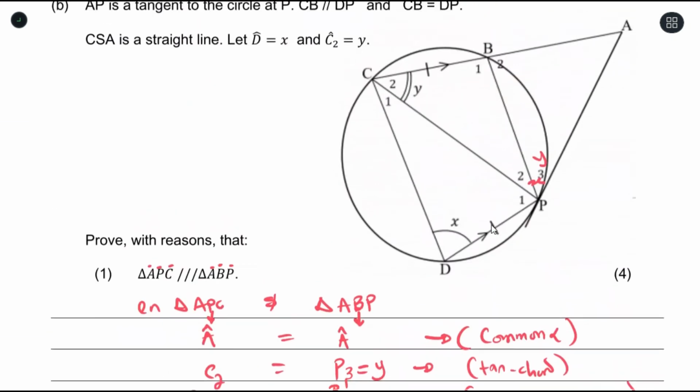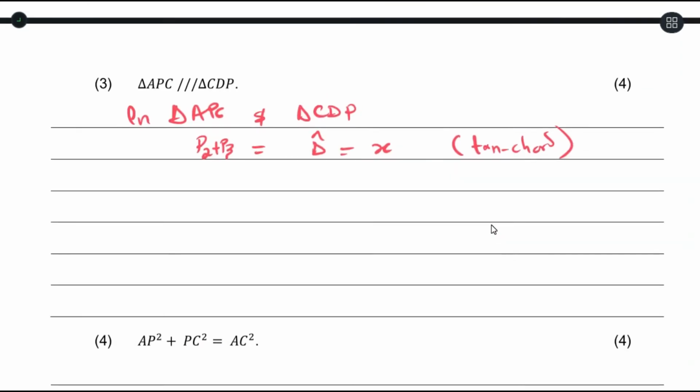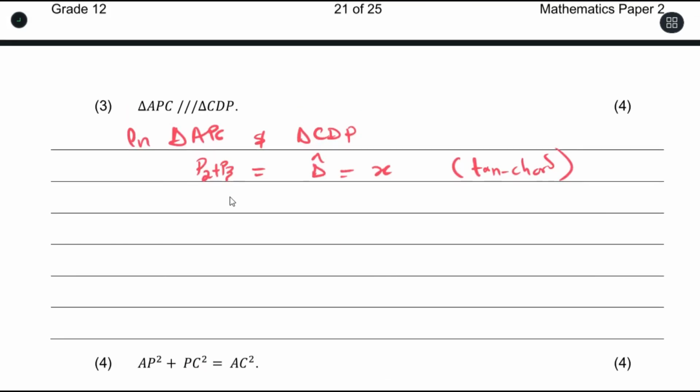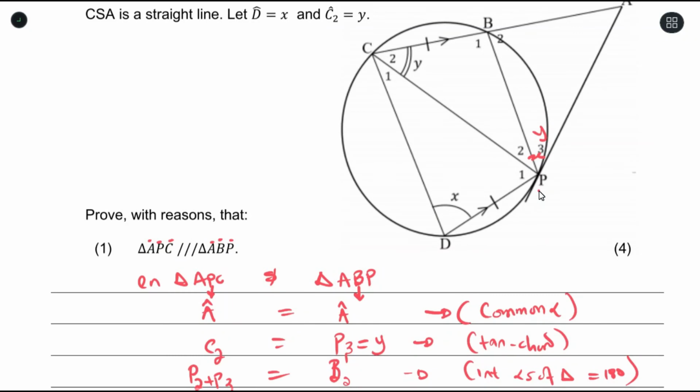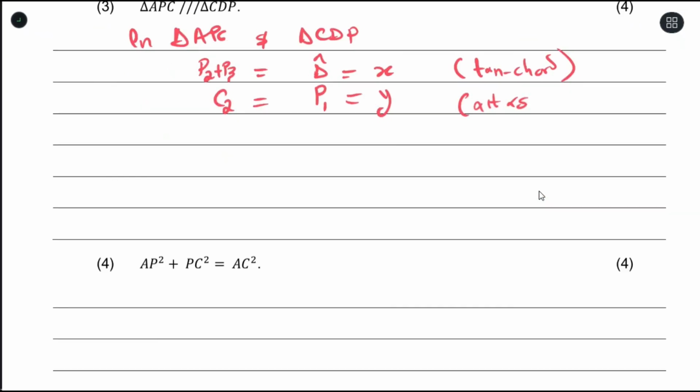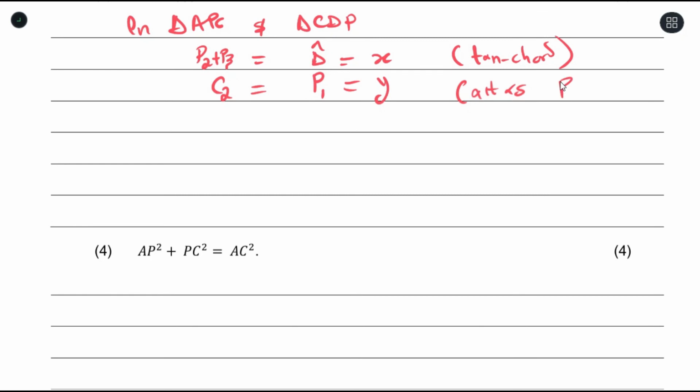So we have C2 and P1, so C2 is equal to P1, which is equal to Y. The reason for that is alternate angles. We're looking at parallel lines of BC and DP. BC is parallel to DP.